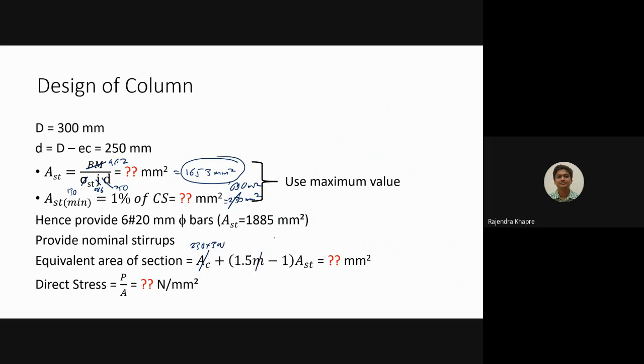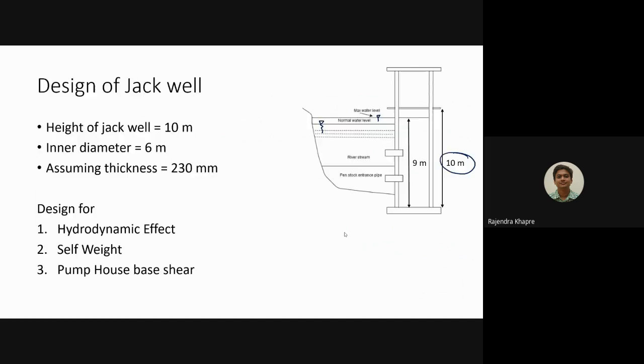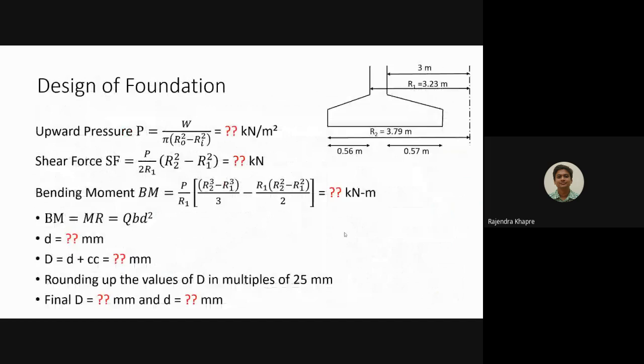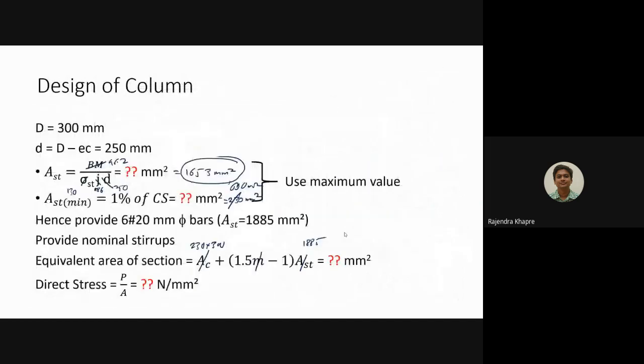We calculated it at the very beginning. Come on, quickly tell me, how much is the m value? 10.98. Okay. Give me the equivalent area of the section, that is area of the concrete plus equivalent area of the steel.